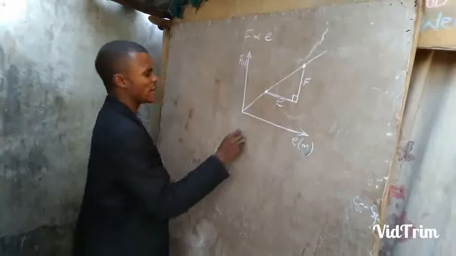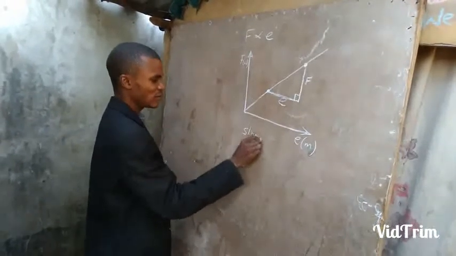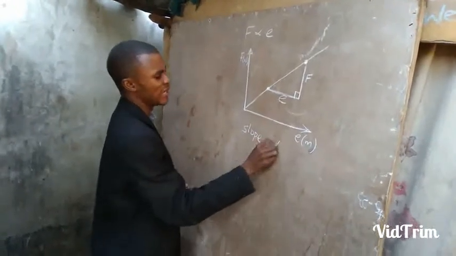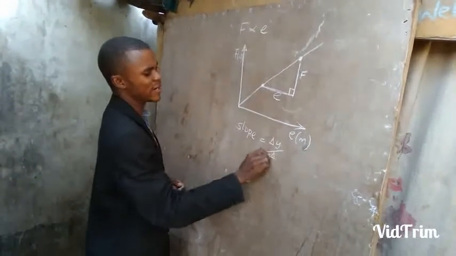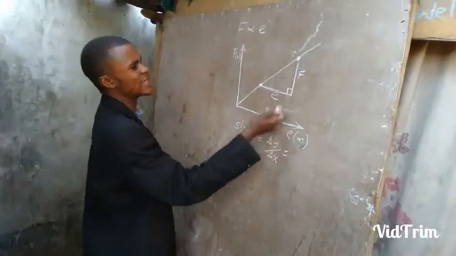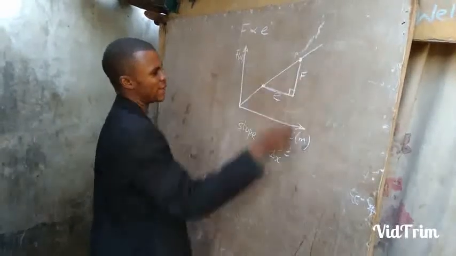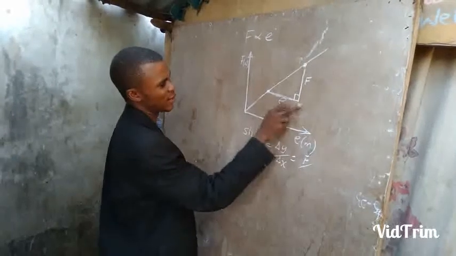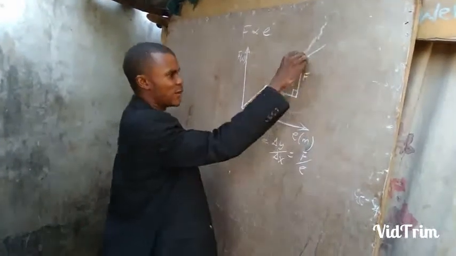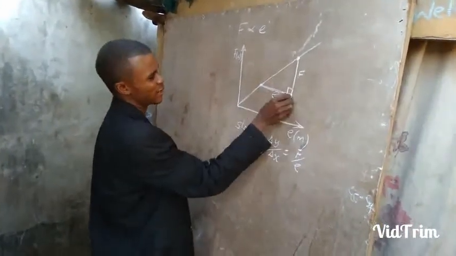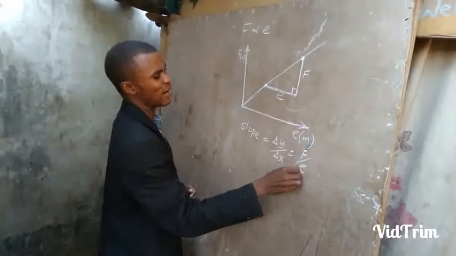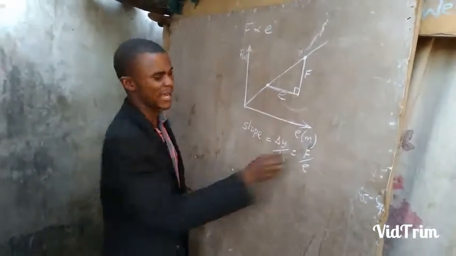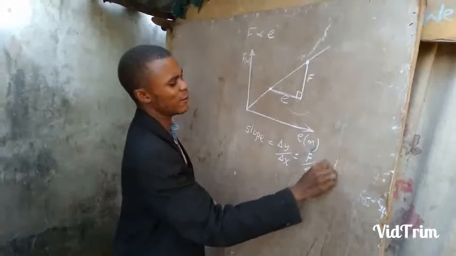We now have the slope. We can get the slope. The formula for the slope is always increase in y divided by increase in x. In this case, the y value here is F, divided by the x value here, which is E. You have F over E. But a few minutes ago we said F divided by E is the same as the force constant.